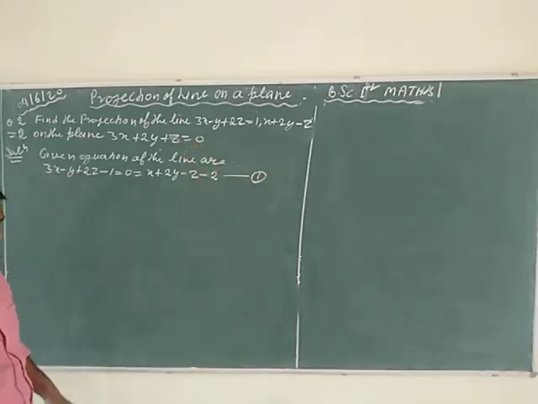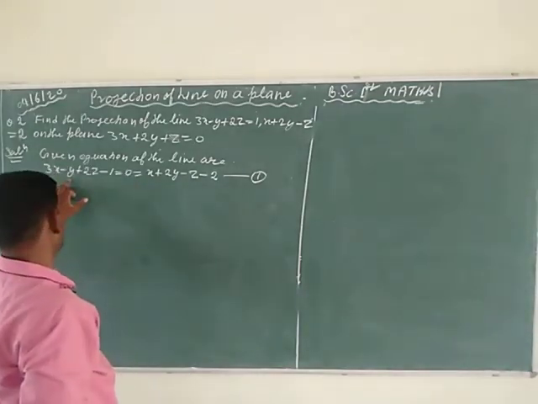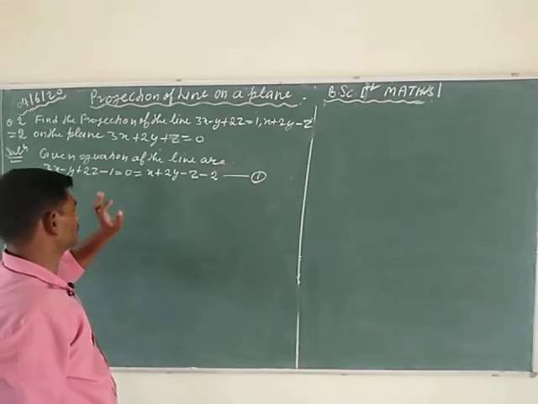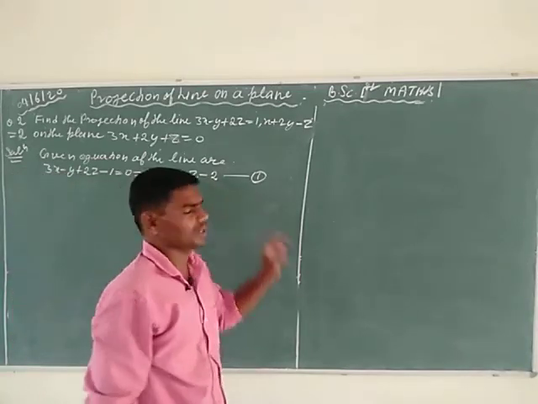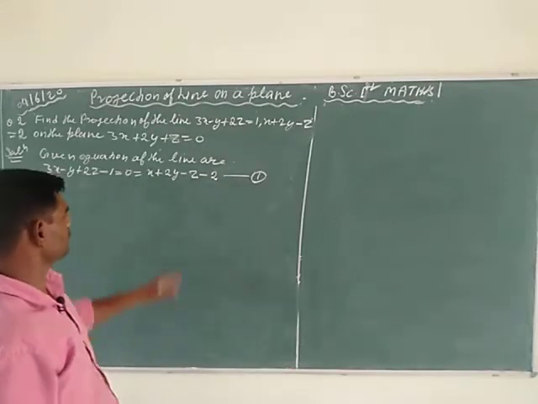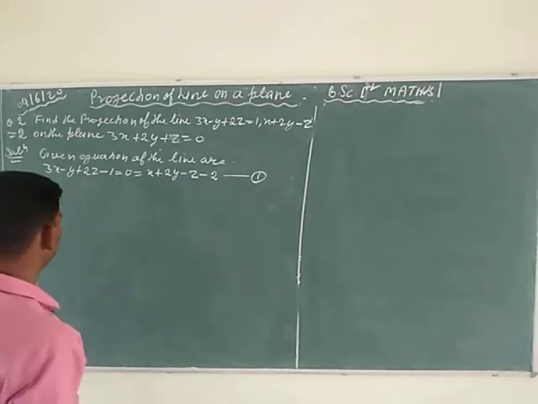This is the equation of a straight line in the general form. So 3x minus y plus 2z minus 1 is equal to 0, equal to x plus 2y minus z minus 2 is equal to 0. This is the first equation, the first straight line.